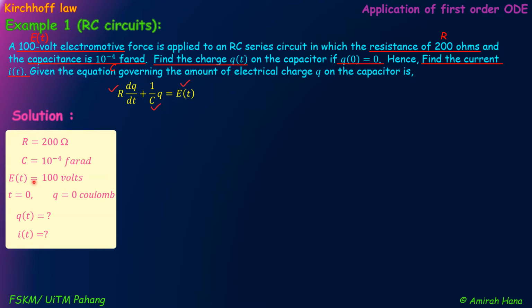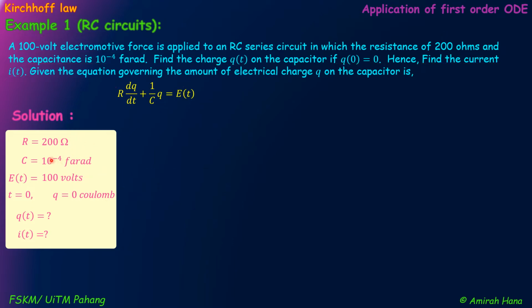From this initial condition, we can find the constant after integration, because when we use an indefinite integral, we will have plus C at the back. So to find the value of that constant, we need to use this initial condition.